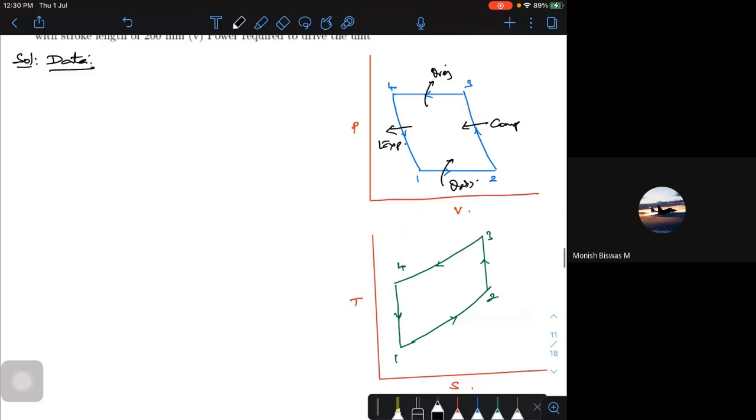Now let us write the data that is given. Highest possible pressure, that is P2. So the highest possible pressure is P3 equal to P4, which is equal to 5.2 bar.